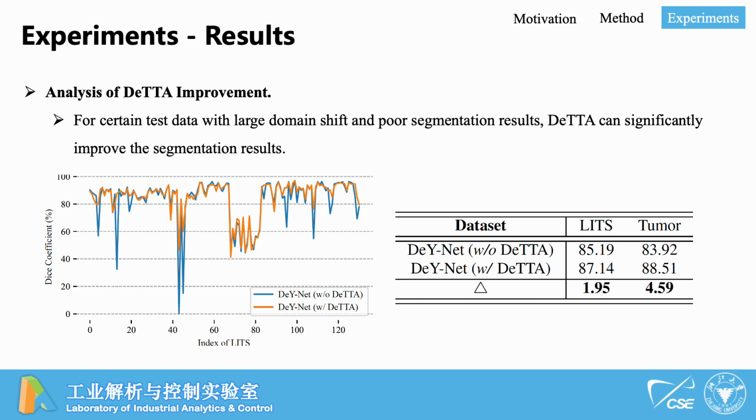This observation reveals that for certain test data with large domain shifts and poor segmentation results, DTTA can extract information from the test data and adapt the model according to the test domain to significantly improve the segmentation results. This is also visually evident in the left figure.